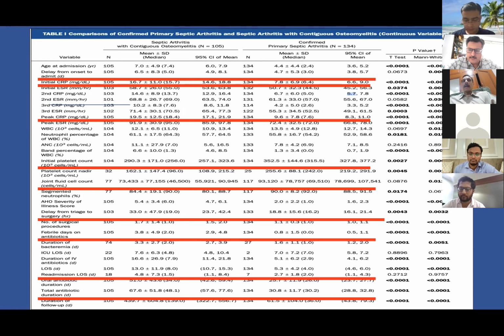The second problem of MRI is, you know, when there is excessive bone marrow edema, you may interpret it as a collection. Sometimes you look at the MRI, you try to drain it and then you don't find much abnormality. It's just an edema.